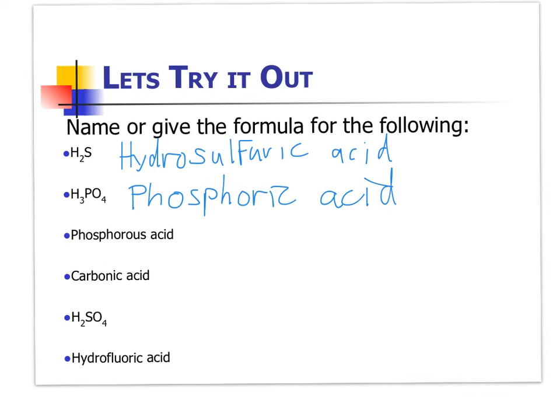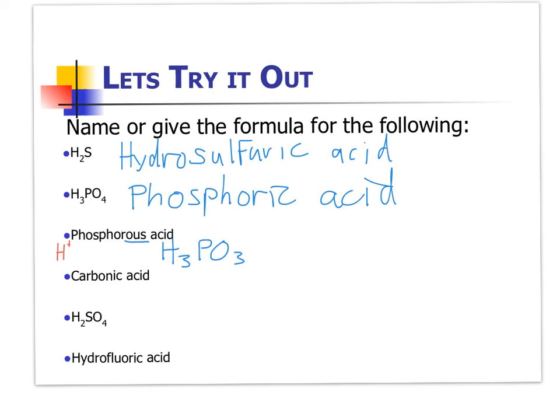Now, phosphorous acid, because it ends in OUS, means that it comes from the polyatomic ion phosphite to give us the compound H3PO3. Now, where did that 3 come from? Well, if I write out my ions, I have a hydrogen, which has to be written first.